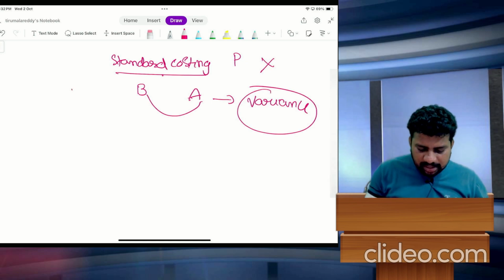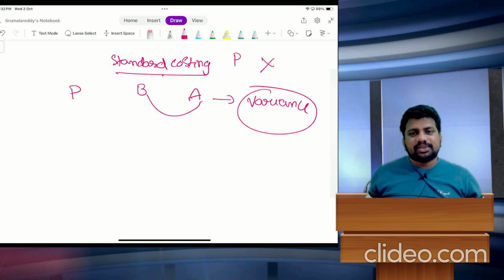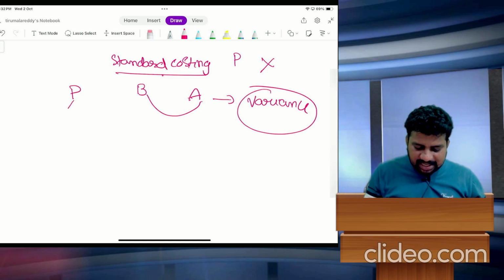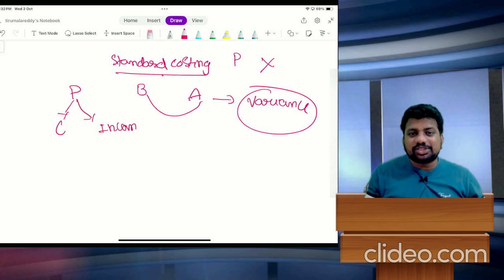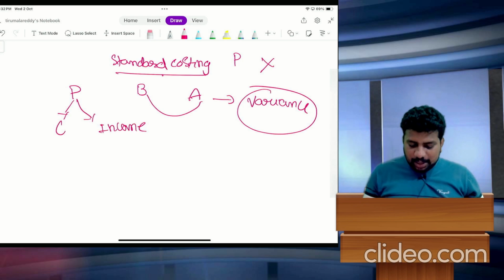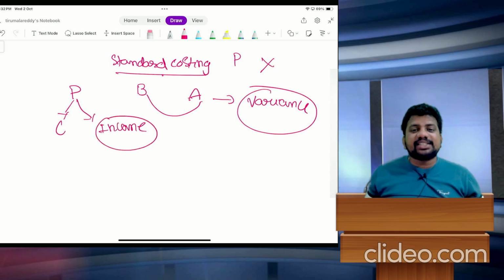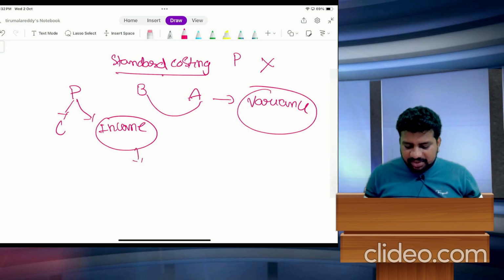Now tell me, if there's a difference in profit, that difference can come through cost or it can come through income. If the reason is income, we call it sales variances.